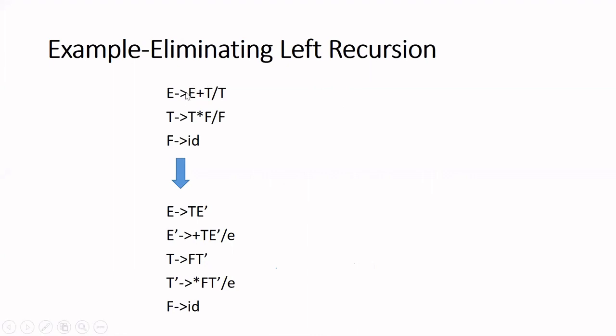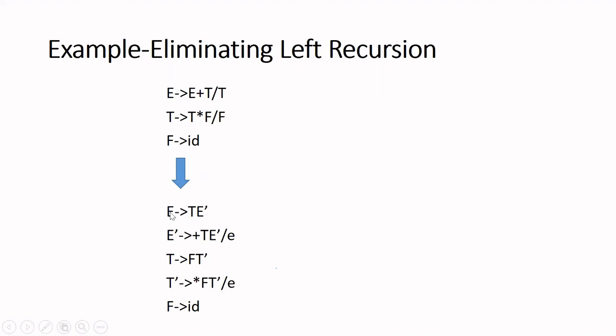In the first production, E on the left hand side is A and E on the right hand side is also A, the non-terminal A. Plus T together is alpha, and only T is beta. Plus is also a terminal symbol.